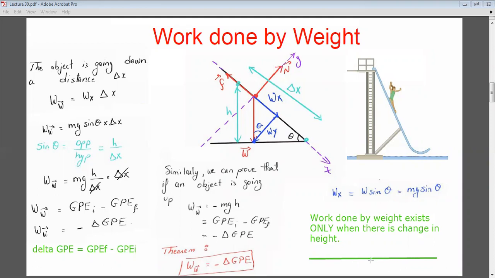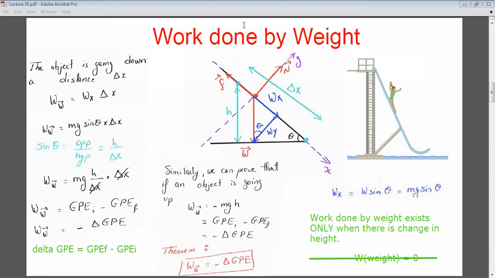The h final and h initial are the same, and work done by weight in this particular case will be 0. So whenever you see a horizontal surface, work done by weight is 0. Whenever you see change in altitude, then work done by weight is minus delta GPE.